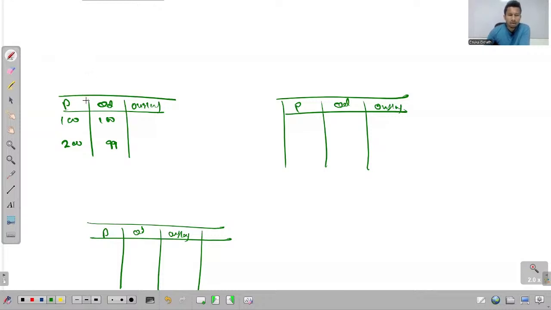Price has doubled, but the percentage change in QD is very insignificant. So we say demand is inelastic. In the first table, demand is inelastic.